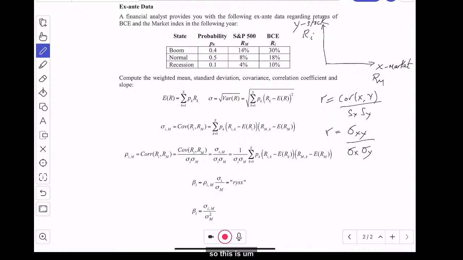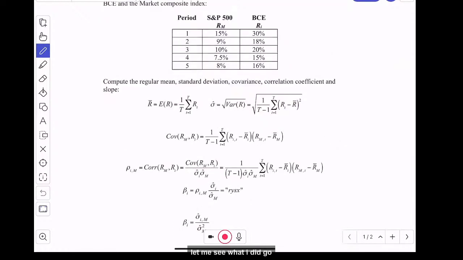So this is historical data, or ex post. This is for ex ante. And then I want to do it for... I have to put, it's like that. That's the symbol that I used. Let me see what I did. Go back a bit.